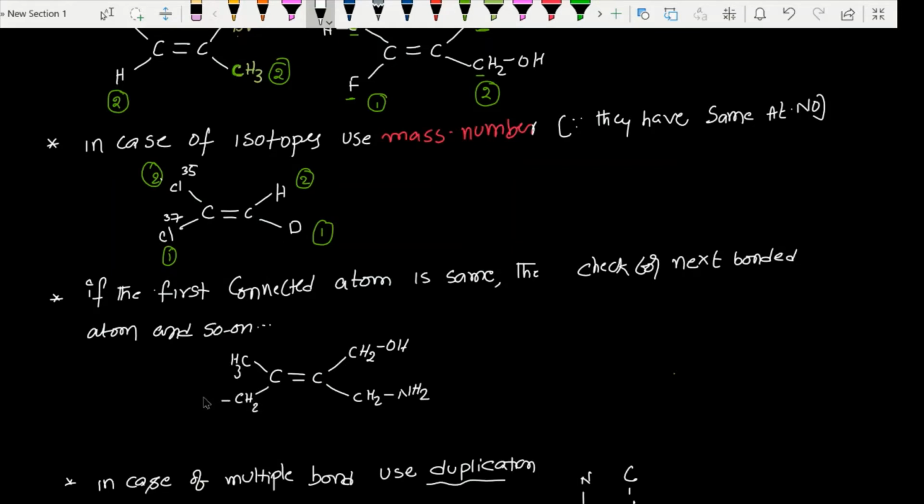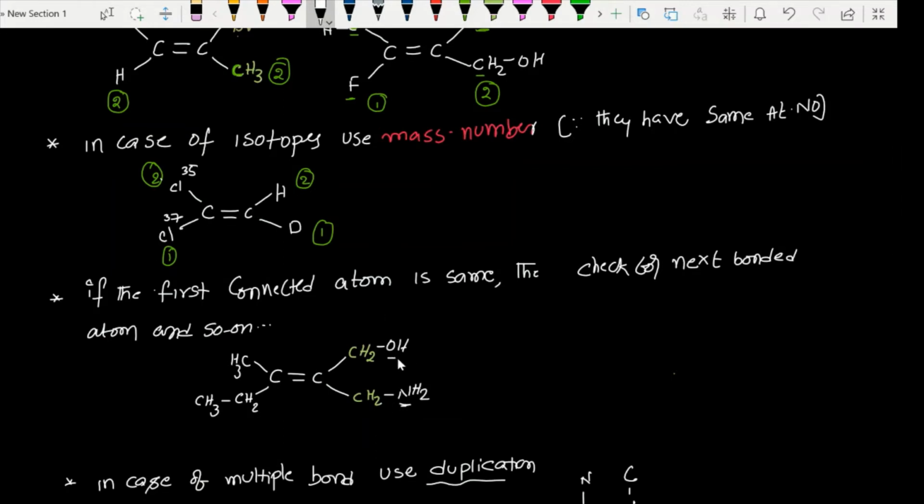CH2CH3. If you observe clearly, for the right side sp2 carbon, the first connected atom is carbon, and here also carbon. Both have the same atomic number, and even the other groups are the same, CH2 and CH2. Then we consider the next connected atom, which is oxygen here and nitrogen here.